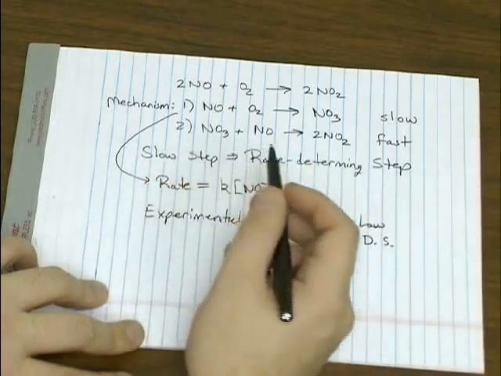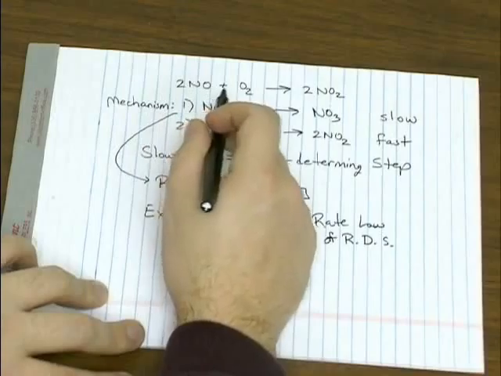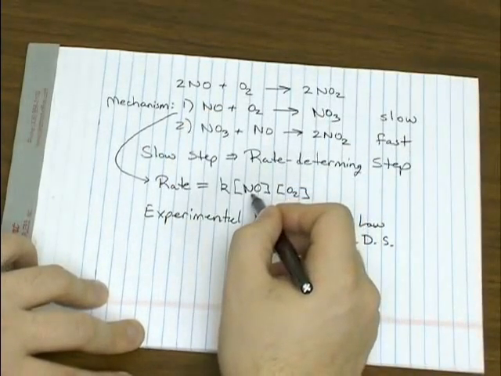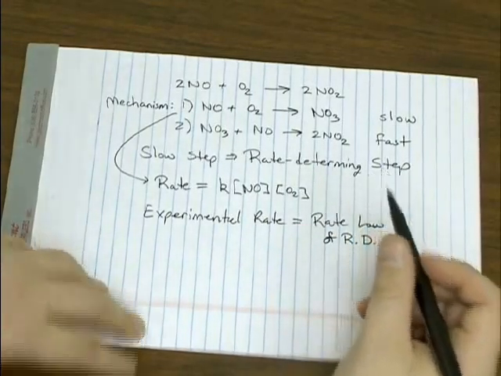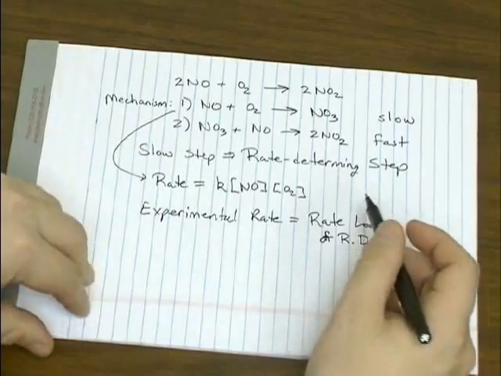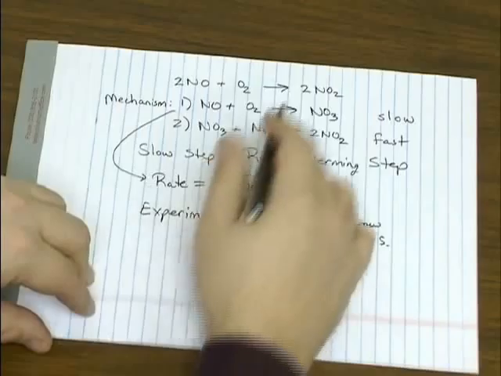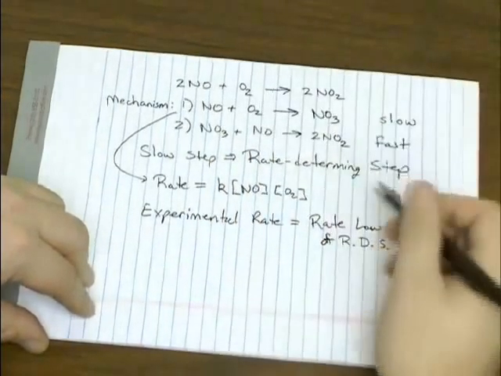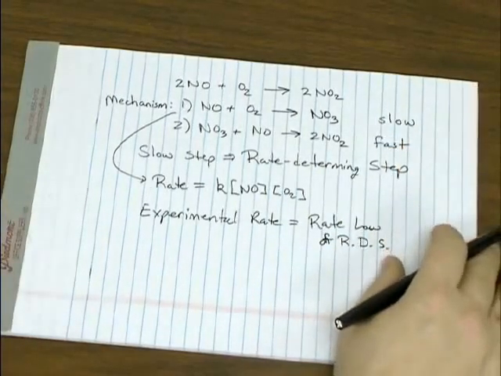In other words, when you experimentally determine the rate law of, say, this reaction, if this is a possible mechanism, then it should be first order with respect to NO and first order with respect to oxygen. If your experimental data doesn't agree with the rate law for the rate determining step of this mechanism, then this mechanism isn't going to work. It can't be a possible mechanism for that reaction.